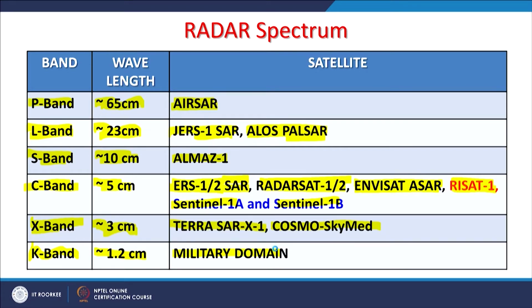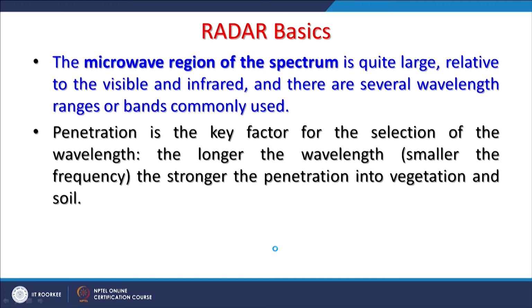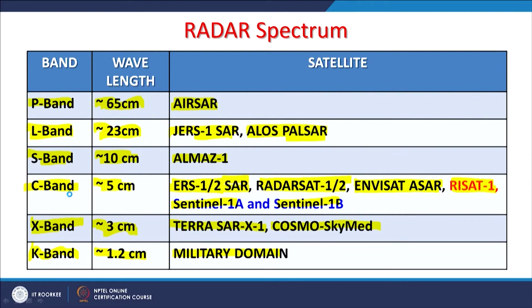Now, as I just mentioned earlier, penetration is the key factor for selection of wavelength. The longer the wavelength, the stronger the penetration into vegetation and soil. So, depending on the applications, these have been designed.